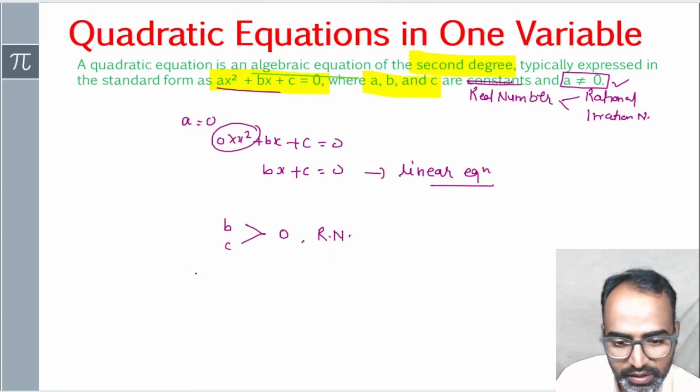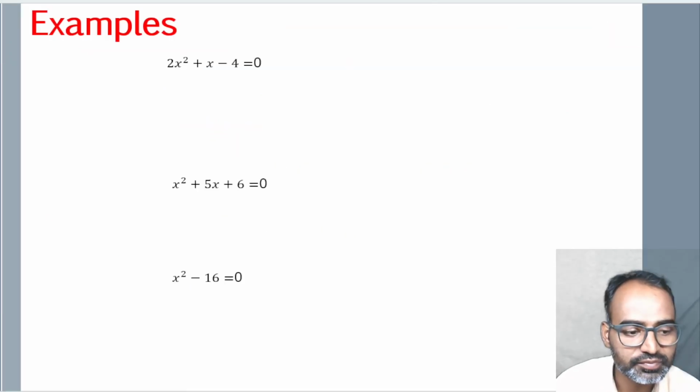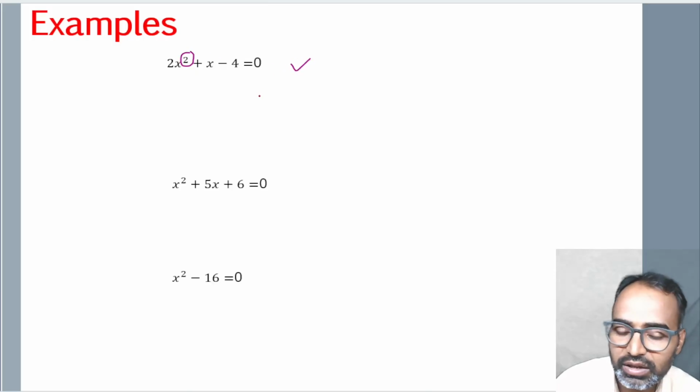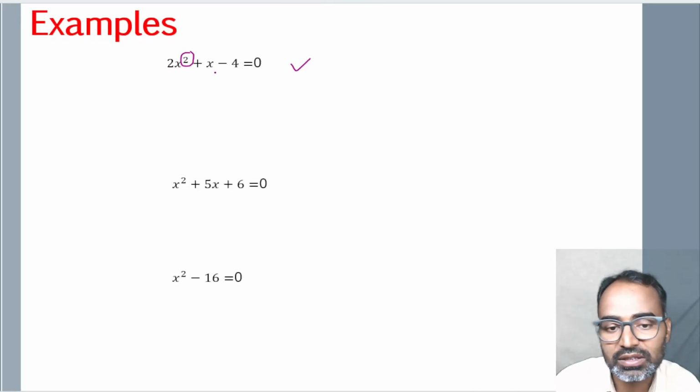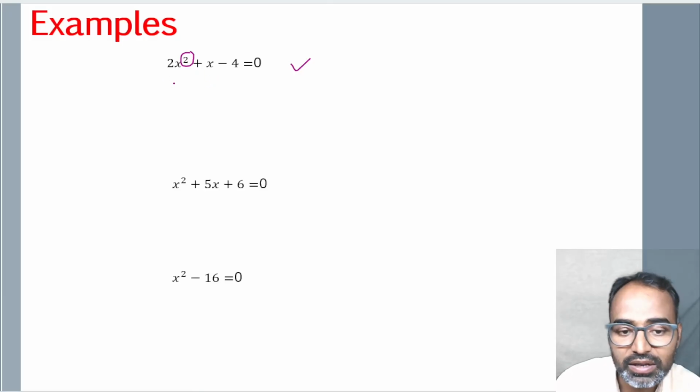For example, if I write here 2x square plus x minus 4 equals to 0, so we can see here the degree is 2, so it is a quadratic equation. And if we try to find the value of a, b and c from the given equation, how we can find? By comparing this given equation with standard form of equation, that is ax square plus bx plus c equals to 0.